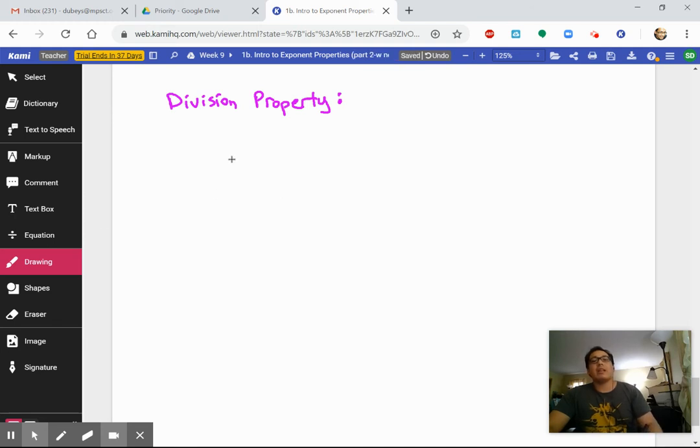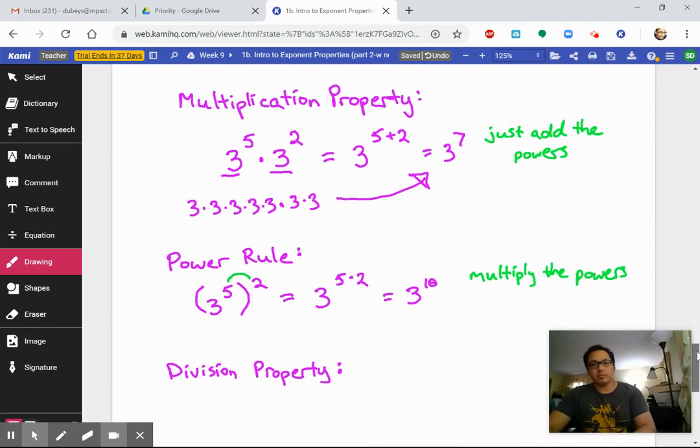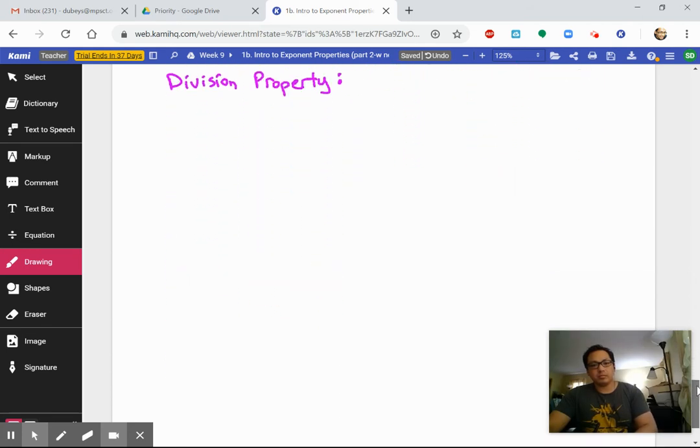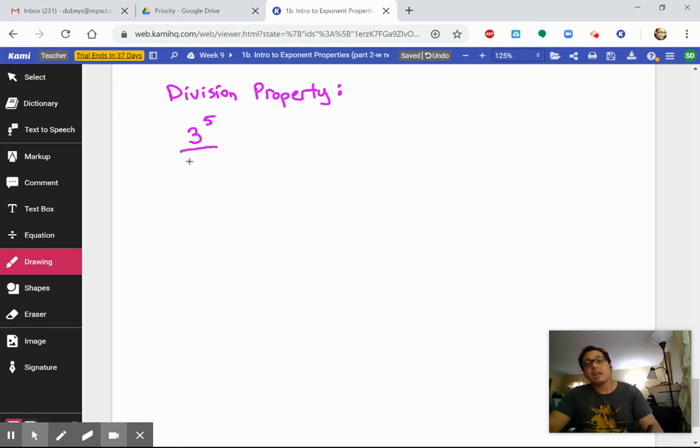That was like if we had the numbers, say 3 to the power of 5 divided by 3 to the power of 2, these two exponents. What do we do with these?